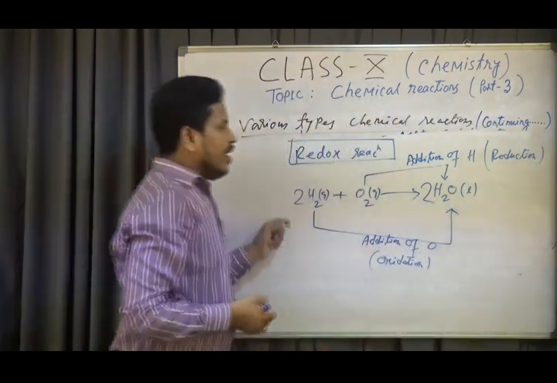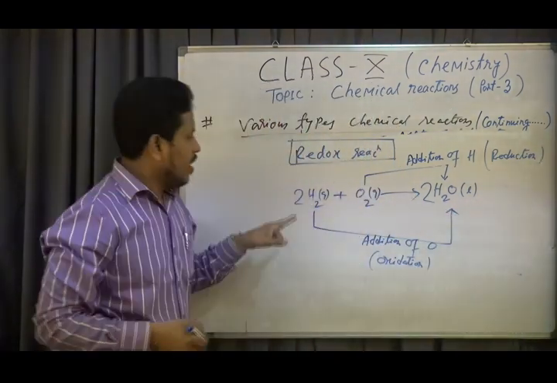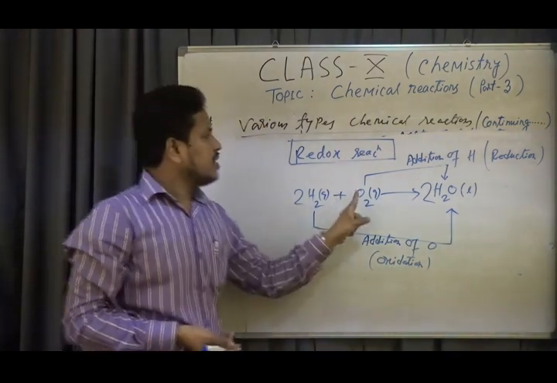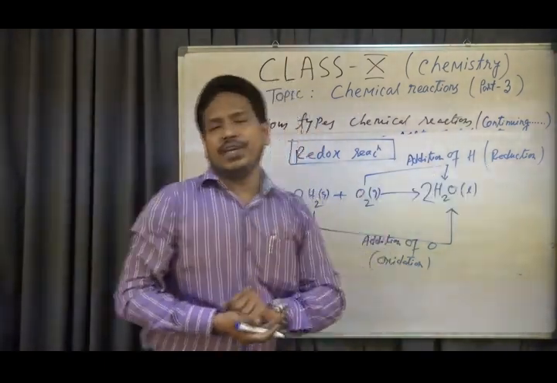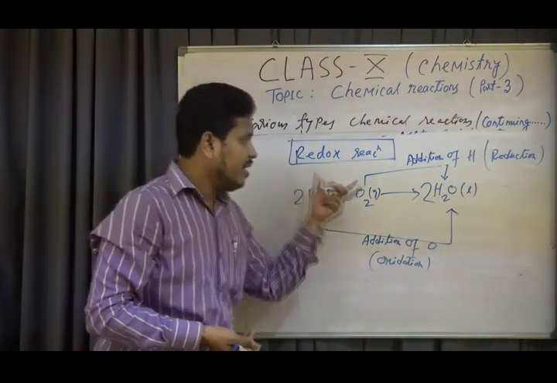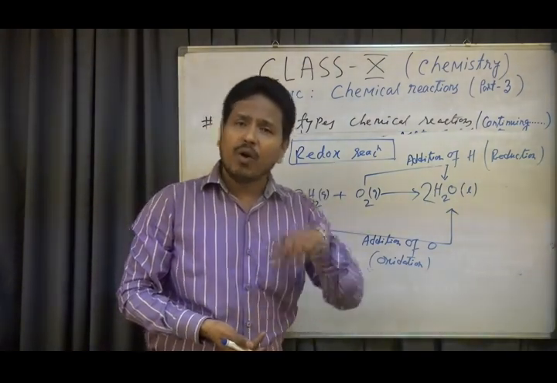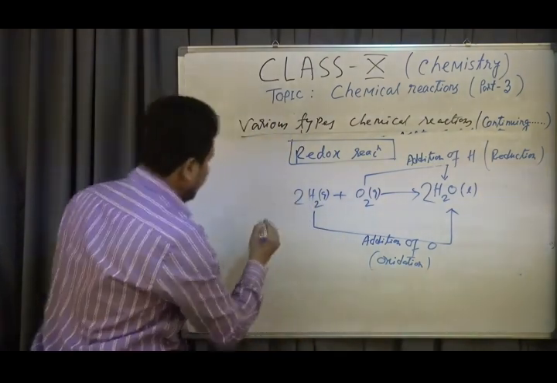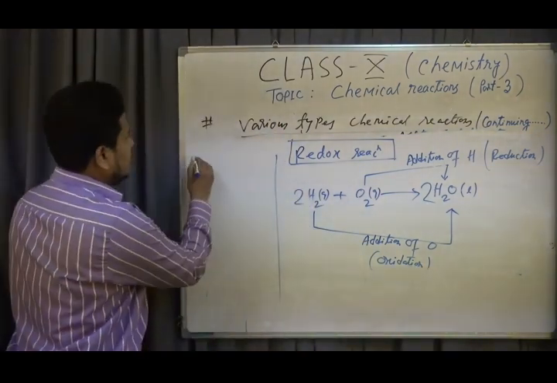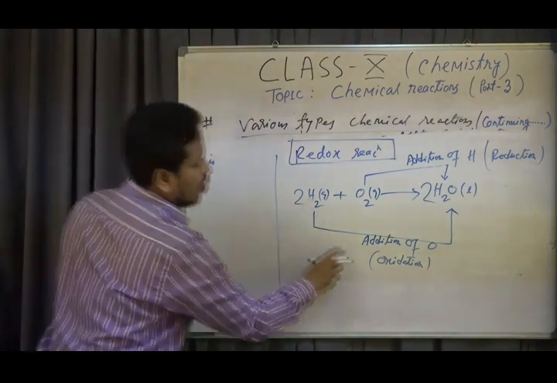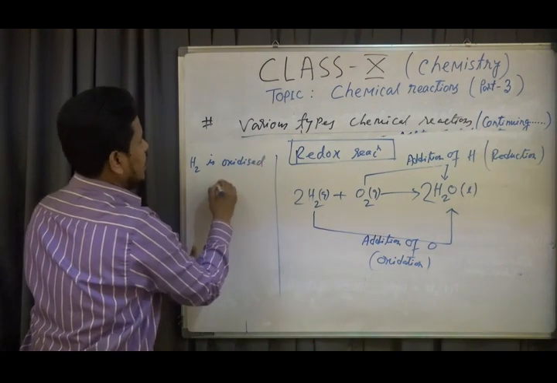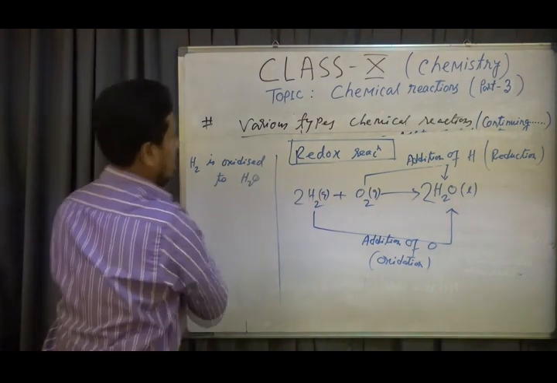So, my dear student, in this reaction, hydrogen to water is oxidation by definition. Oxygen to water is reduction by definition. You can define these either by the modern concept or by the old concept. Okay, so how to write? H2 is oxidized to H2O.